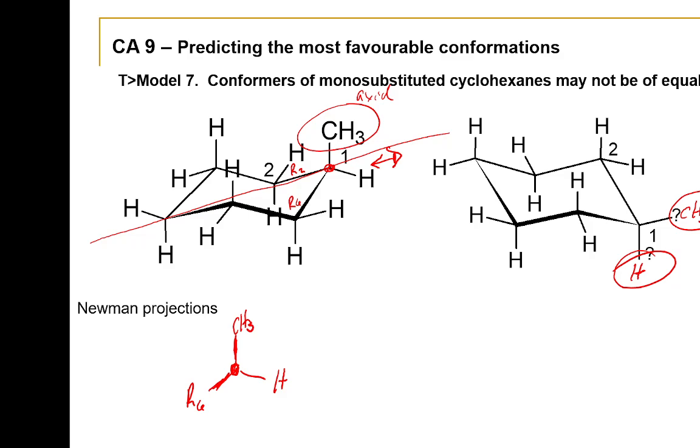Please stop me if you're not seeing that. All right, so looking down here, ring 6 would be on that left. And at the back, of course, would be ring 2 carbon. And there'd be a hydrogen coming off of there, a hydrogen down here.